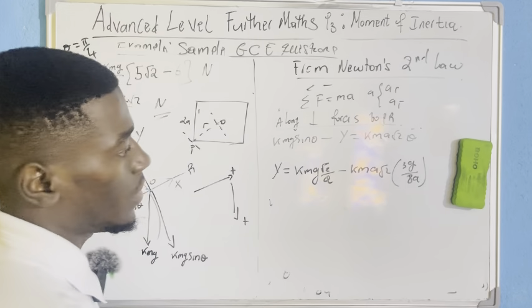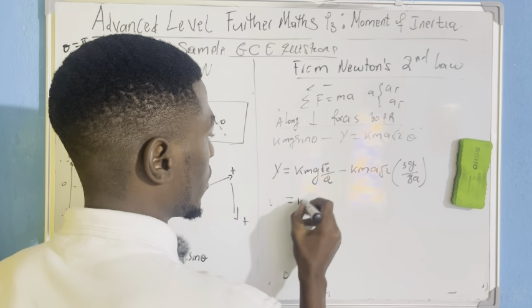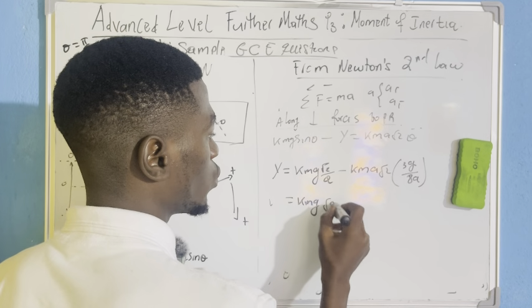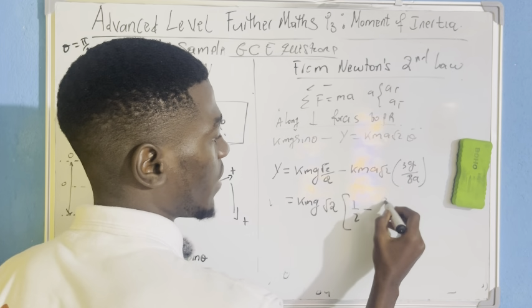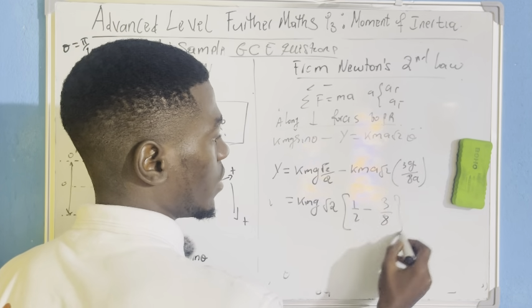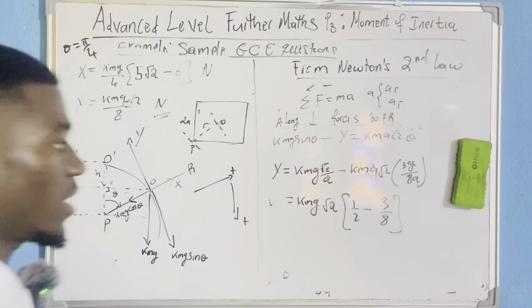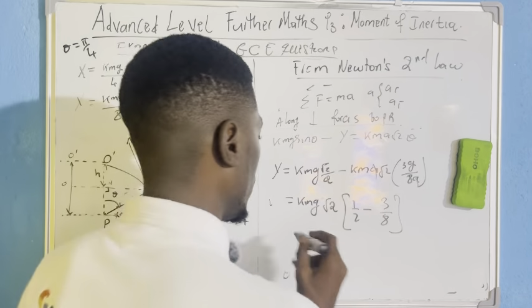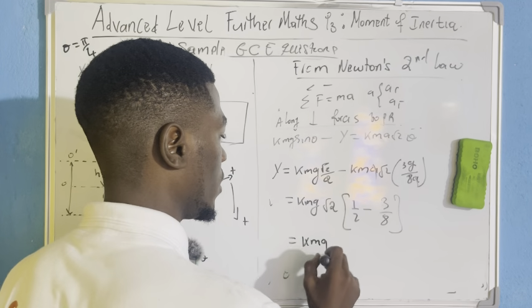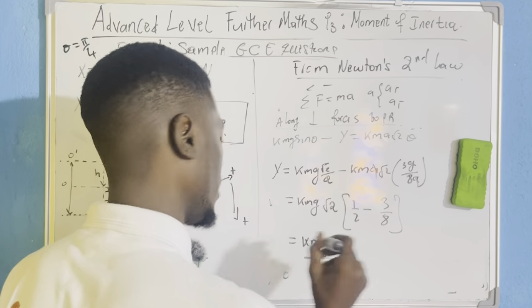Okay. Now, you see that KMG root 2 is common. I will stay here with half minus 3 all over 8. Remember that A cancels here. Okay. The LCM here is 8. 8 divided by 2, 4. 4 minus 3, 1. So making the answer to be KMG root 2 divided by 8.